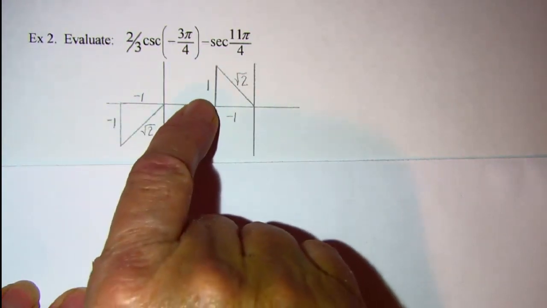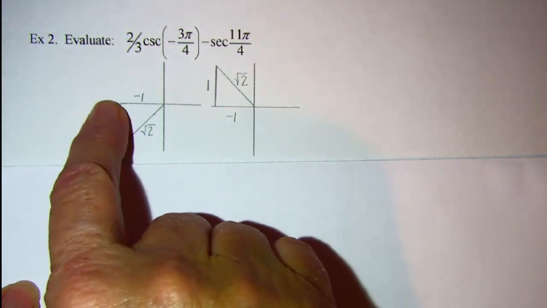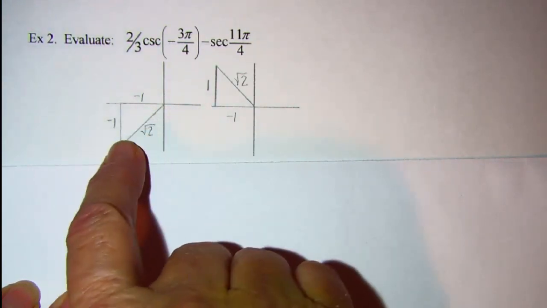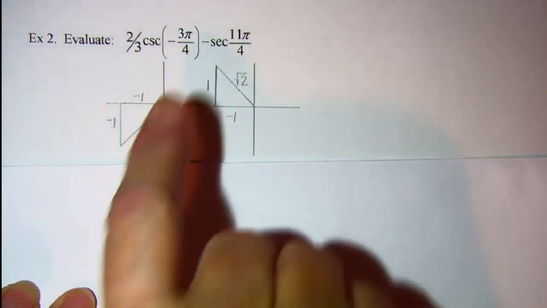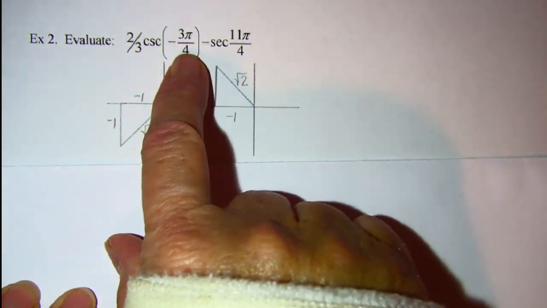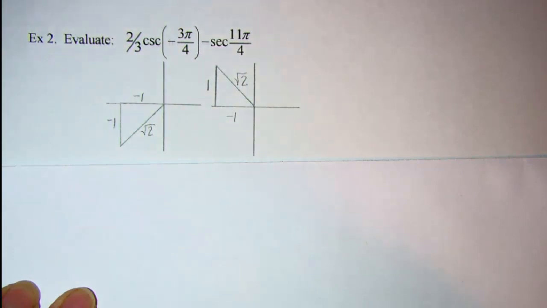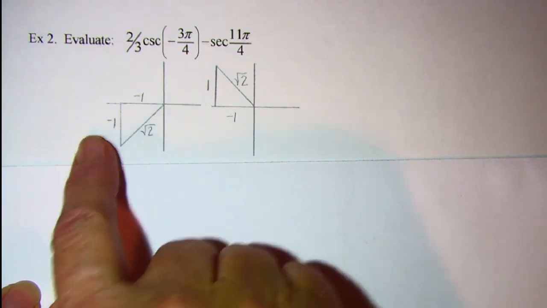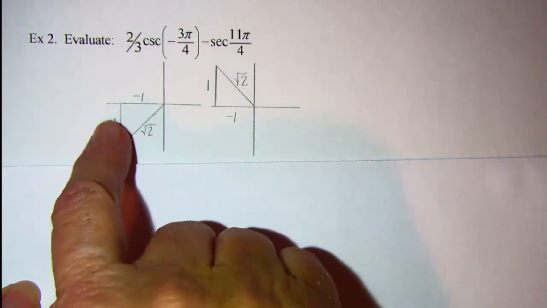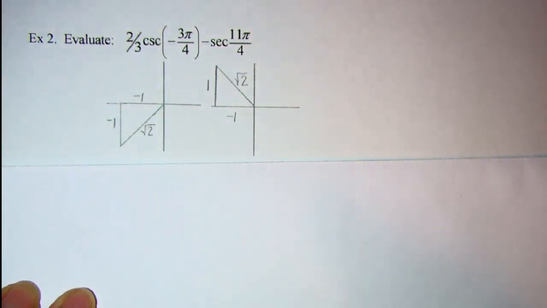Remember, a pi is a semicircle, so 3/4 would put me in quadrant 3. Whenever your denominator is 4, you're dealing with a 45-degree reference angle, and so if I put that in there, I have a 1, 1, root 2, and both of my legs of my triangle are negative because they're left and down.